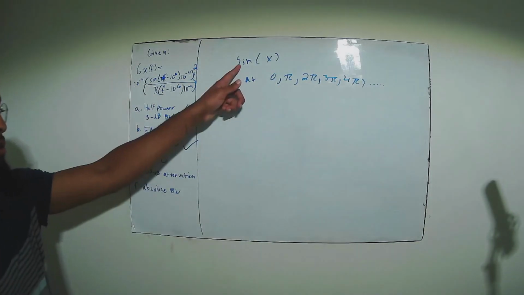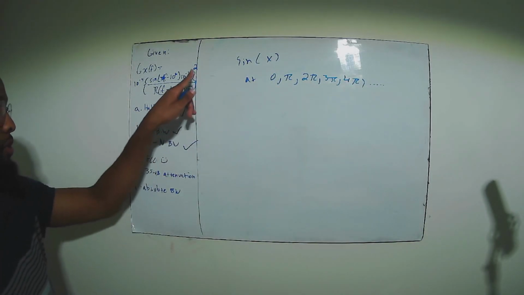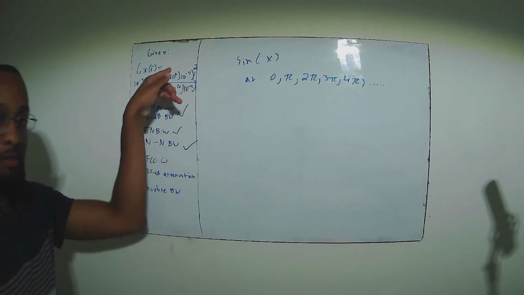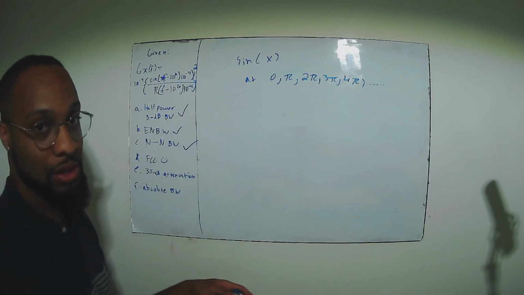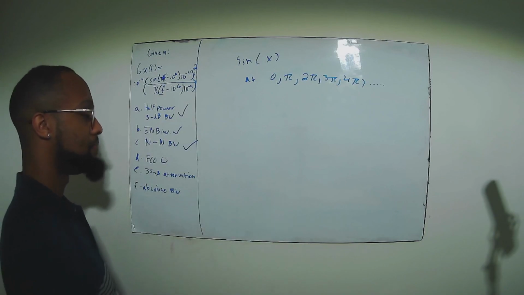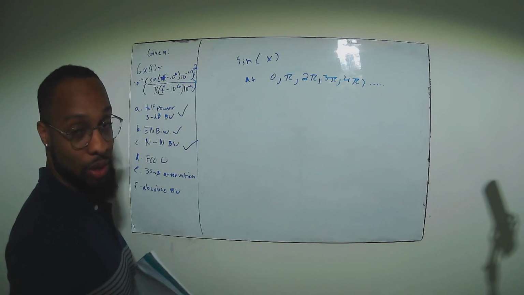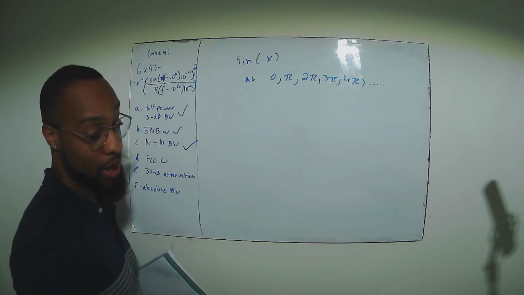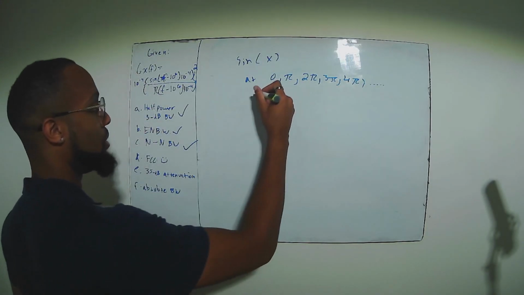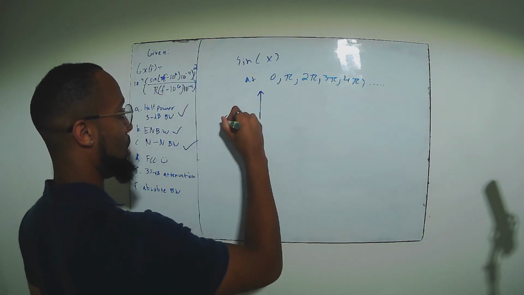At those values, this part will evaluate to 0, and when it evaluates to 0, you have no power at that frequency. So what it wants us to do is find the nulls of the first lobe, the main lobe, actually.